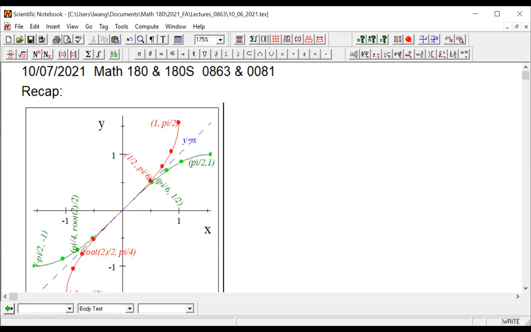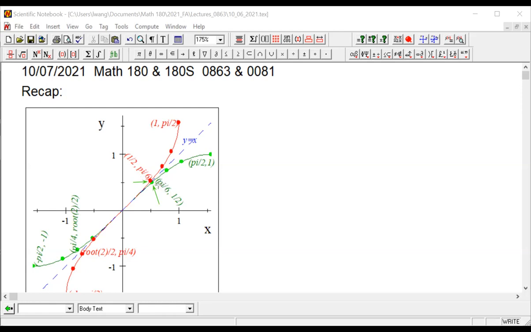Okay, you can see from the points. And there are these red dots over here. Let me make a pointer here. Look at these dots over here. There's a red dot and there's a green dot, right? They're very close, but they're not overlapping in any way. The point on the red is input ratio, output angle.